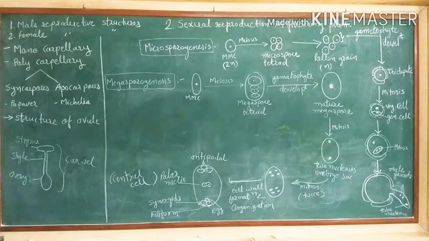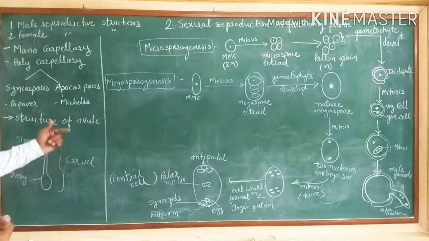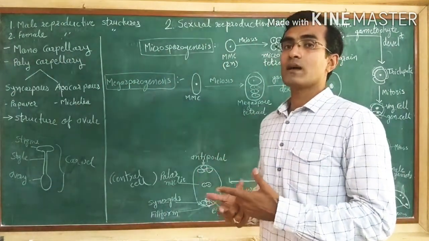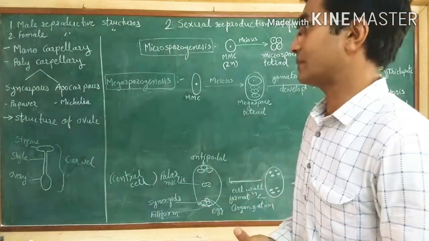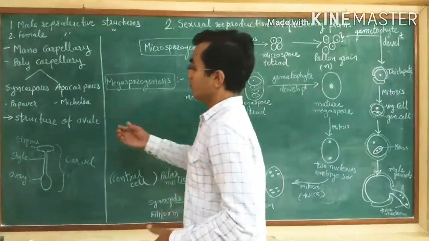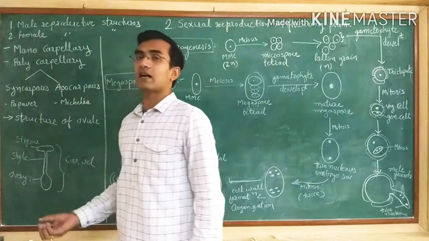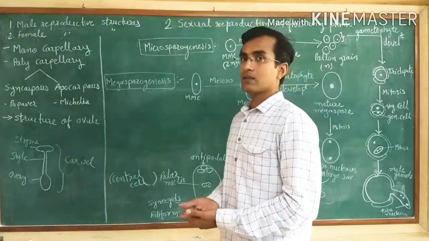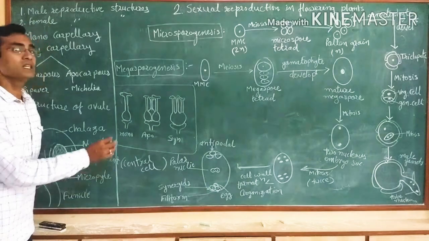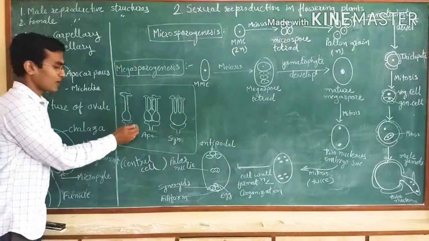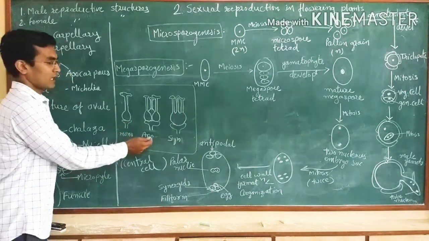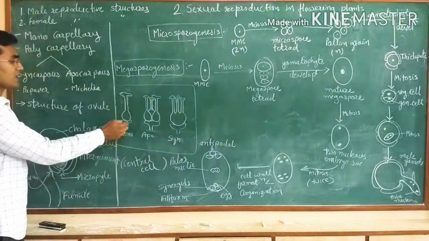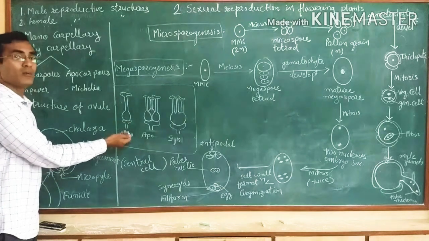In some plants, the carpel is only one, hence those are called monocarpous. If more than one carpel is found in any flower, that is called polycarpous. These are the structures of monocarpous, apocarpous and syncarpous. The single carpel is called monocarpous.